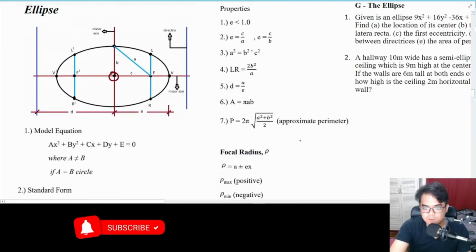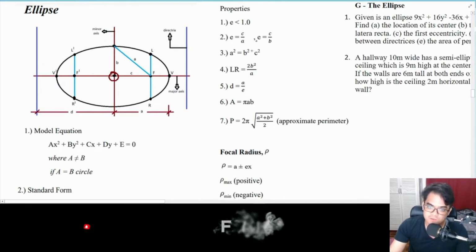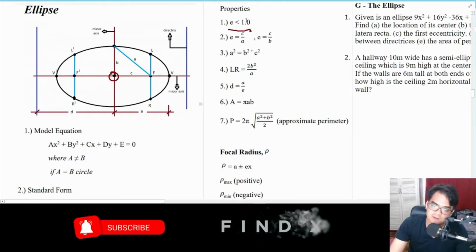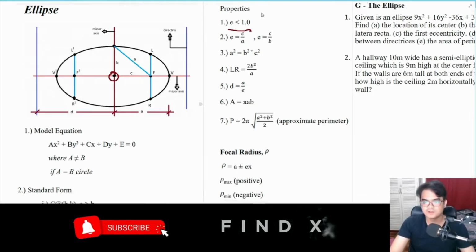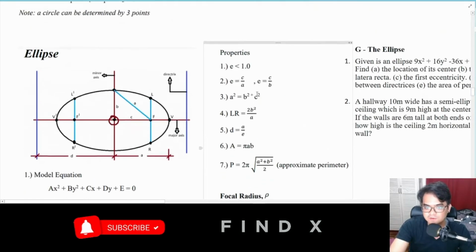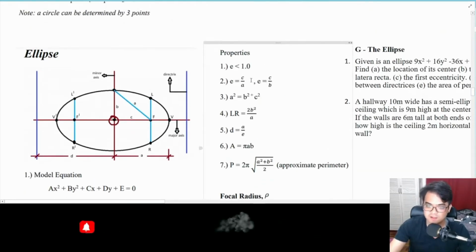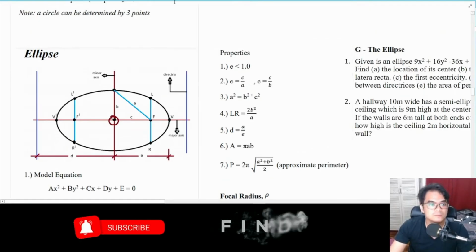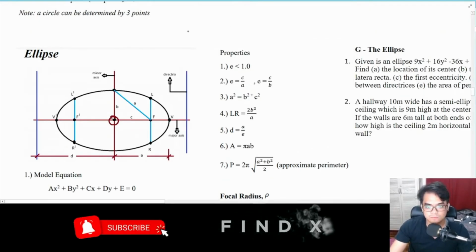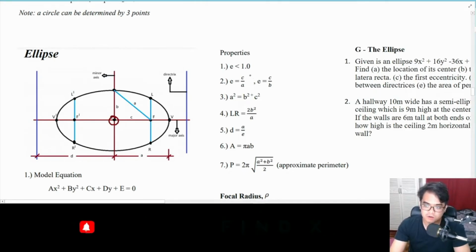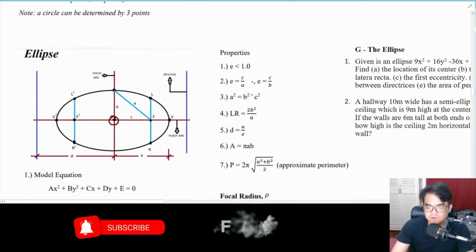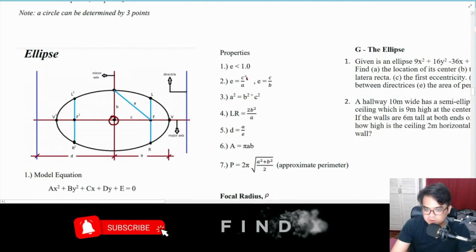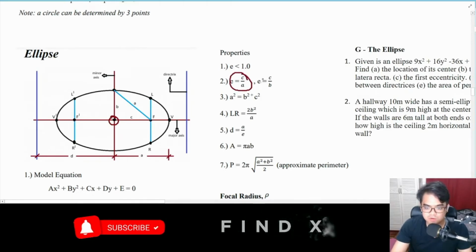Okay, so we got some properties here. So properties of an ellipse: the eccentricity of an ellipse is always positive and less than 1. Okay, and to find the eccentricity, the ellipse has two eccentricities. The first eccentricity is e equal to c over a, and the second one is e equal to c over b.